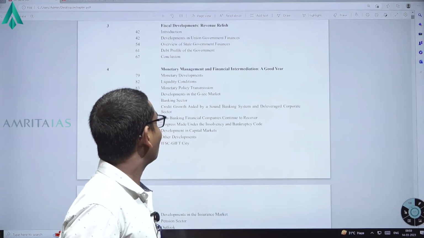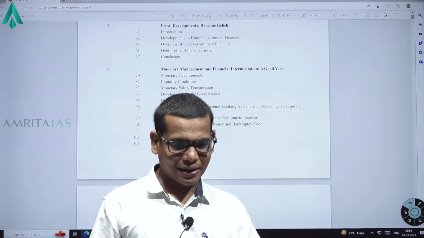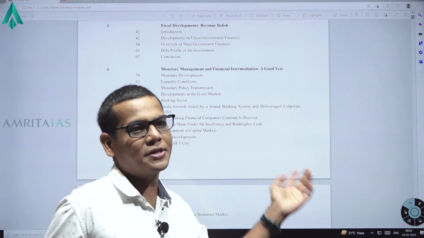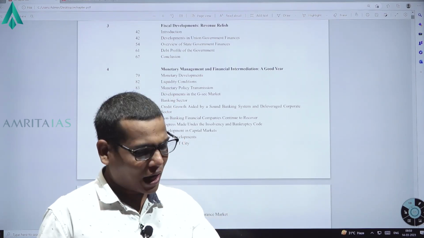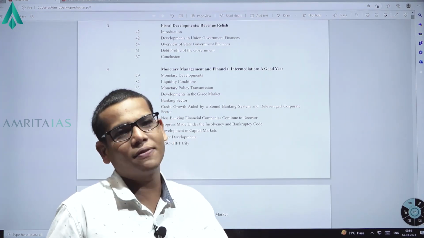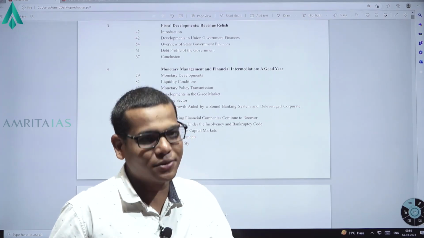Monetary management and financial intermediation. This is another area of the economy, and it is completely the domain of the Reserve Bank of India. It covers the level of money supply in the economy and how we are controlling it, the different tools the Reserve Bank of India is using, and the recent volatilities in monetary management.